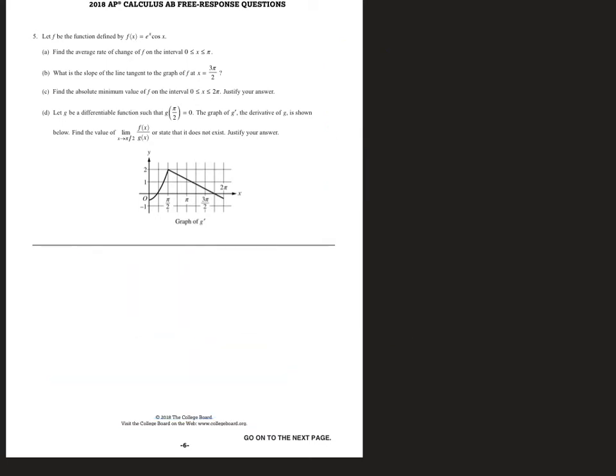Part C, we're finding the absolute minimum. Now we know that the absolute minimum can occur at an endpoint, so in this case 0 or 2 pi, or a critical number. So we need to know where that derivative is undefined. So we took the derivative a moment ago, and it was e to the x cosine of x minus e to the x sine of x.